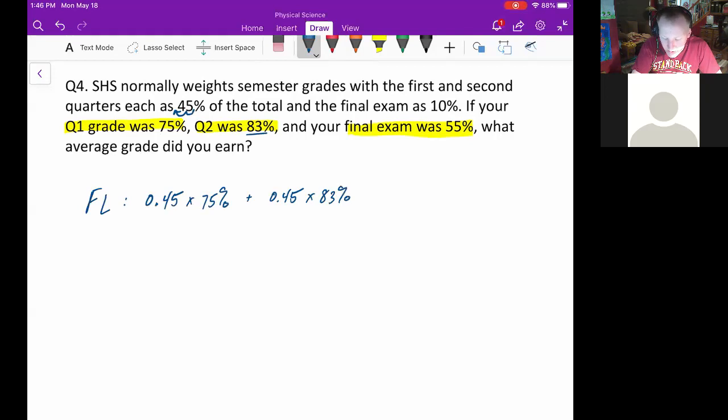And then we have our 10%, which is 0.1 times our final letter grade, or final exam grade of 55%. And we can, again, just put those in: 0.45 times 75% plus 0.45 times 83% plus 0.1 times 55%. We get 76.6%.